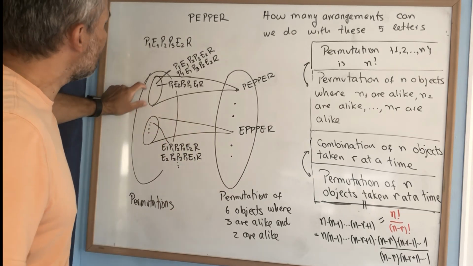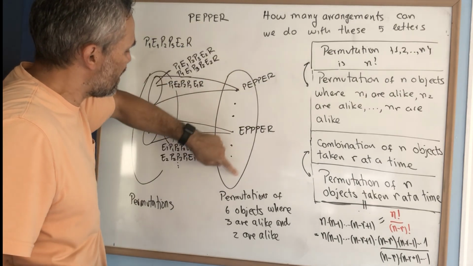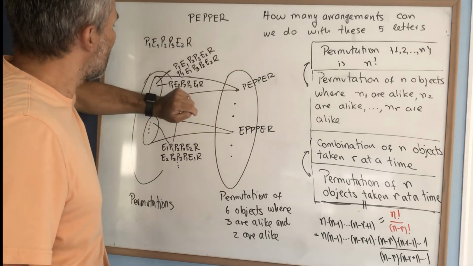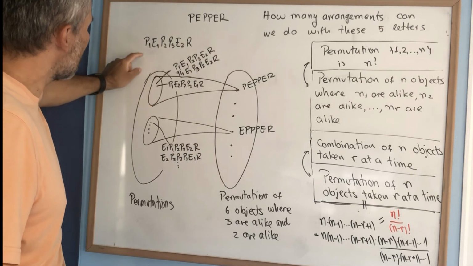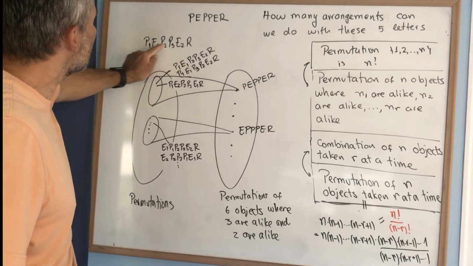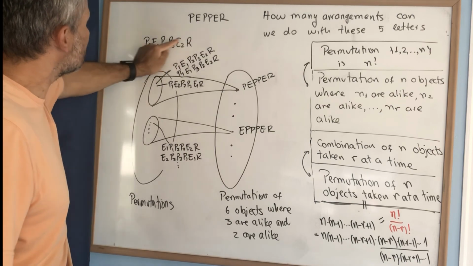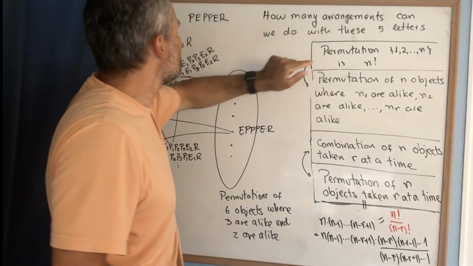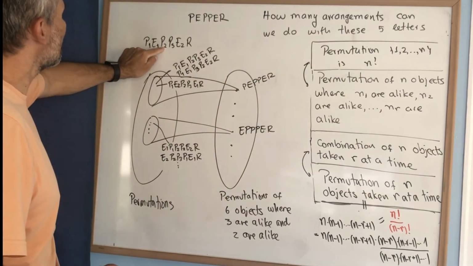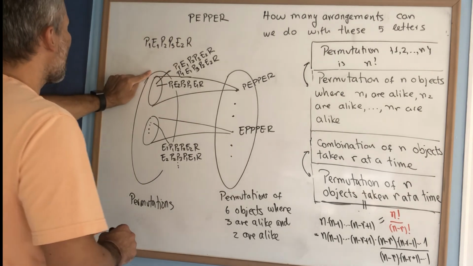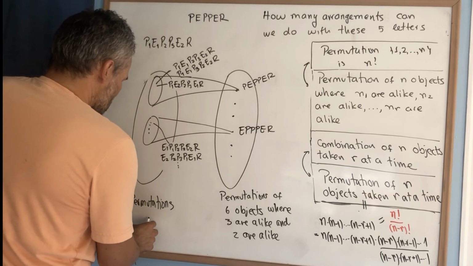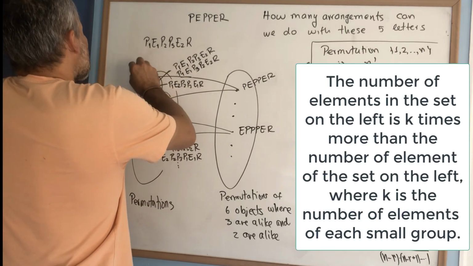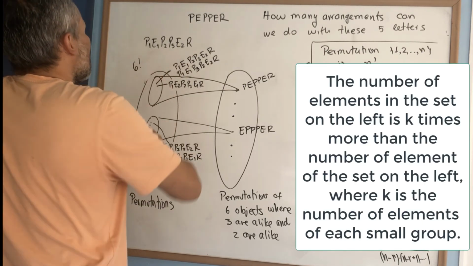But then essentially, to get to know this number, we need to just know how big these groups are. Remember that since we're assuming that all of these letters are different, then we have 1, 2, 3, 4, 5, 6 objects that are different. Then the answer here for the permutations is 6 factorial.